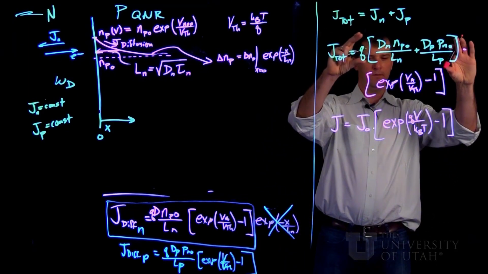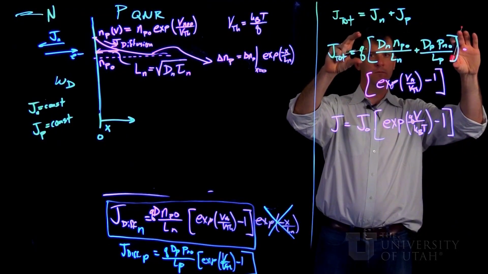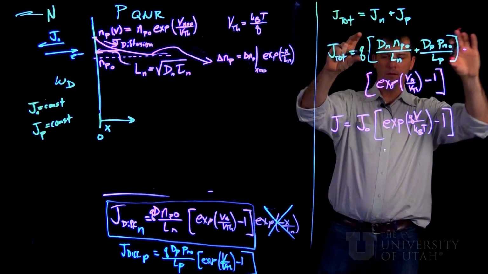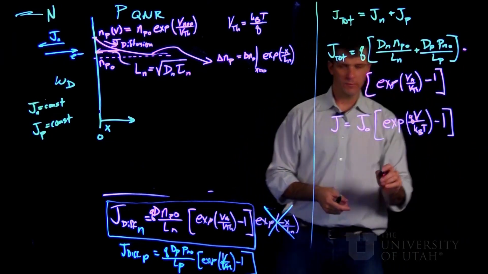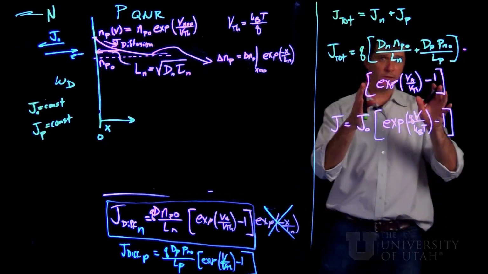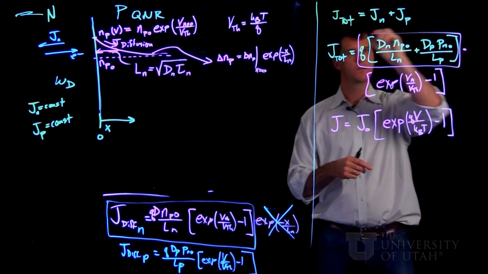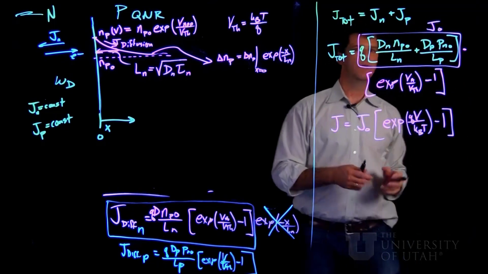And that means that this quantity in green here is our J0 term, our reverse saturation current. So let's look at this quickly. So this whole part here becomes J0.